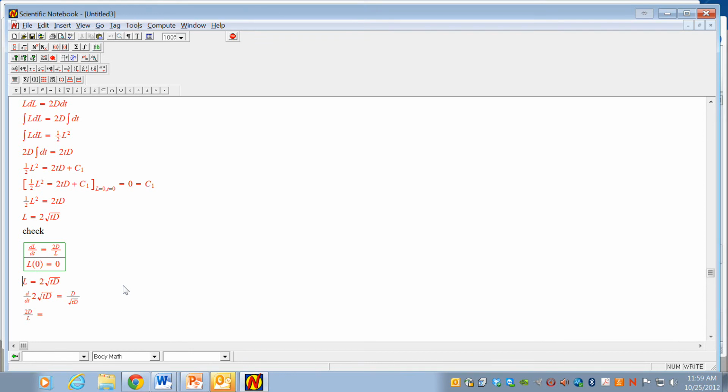So L is equal to this stuff. We'll do the substitution, and let me do it this way. So we got that, and then L is equal to this.